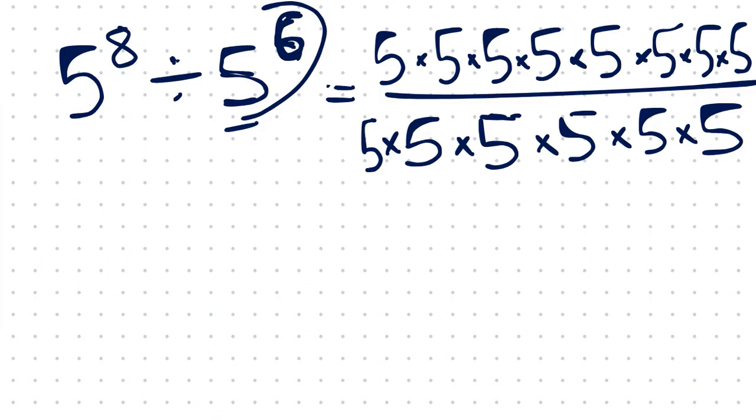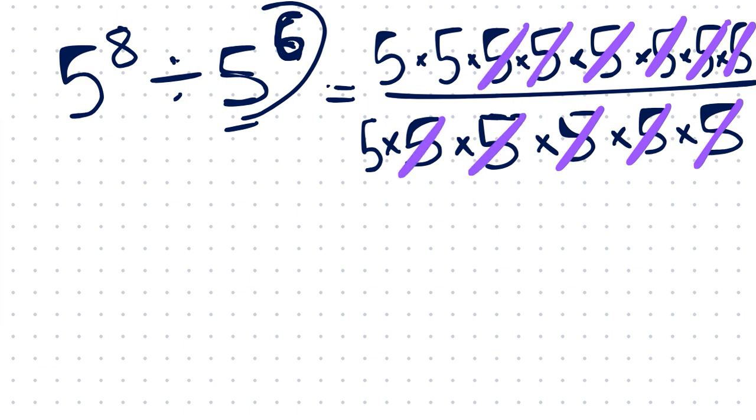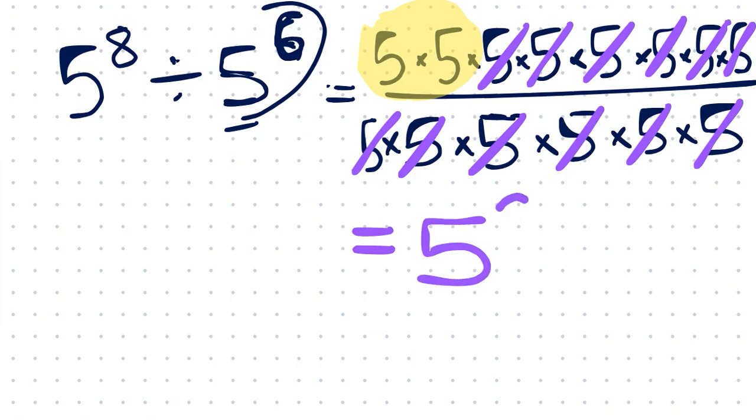Okay, let us do simplification. 5 up, 5 down, up, down, up, down. All right. We get that the final answer would be 5 and one more time 5, which is basically equal to 5 to the power of 2.